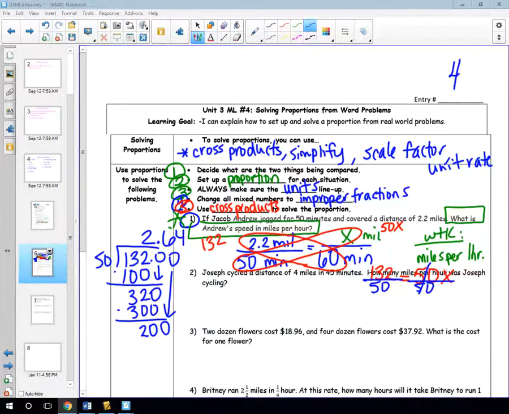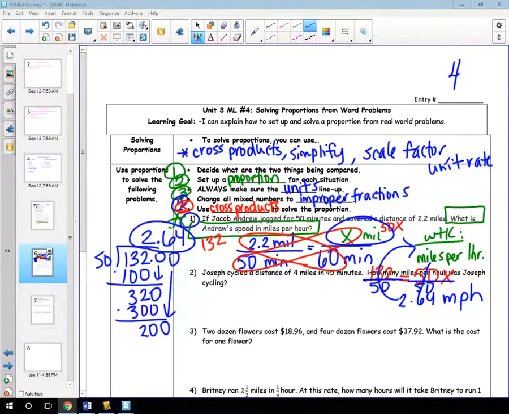Goes in there 4 times. So I'm going to come back to my problem. 2.64. What does that tell me? That tells me how many miles, which is what I was looking for here, can I go in 60 minutes. So Andrew is going 2.64 miles per hour.